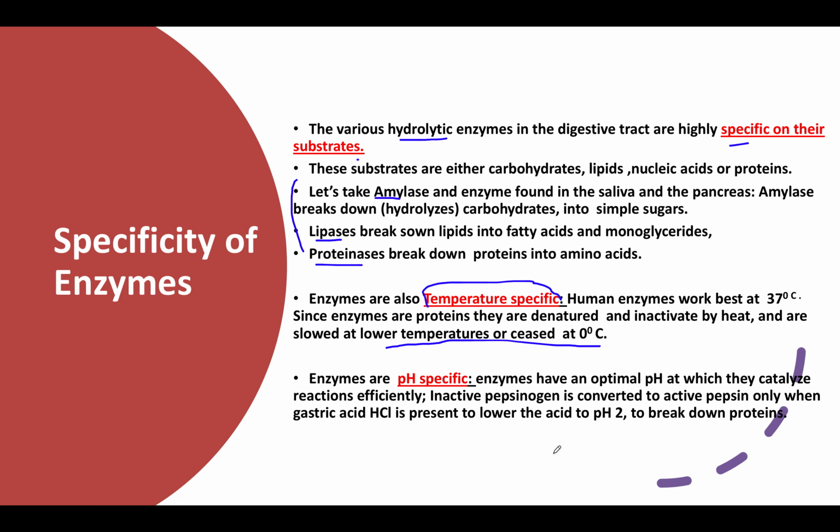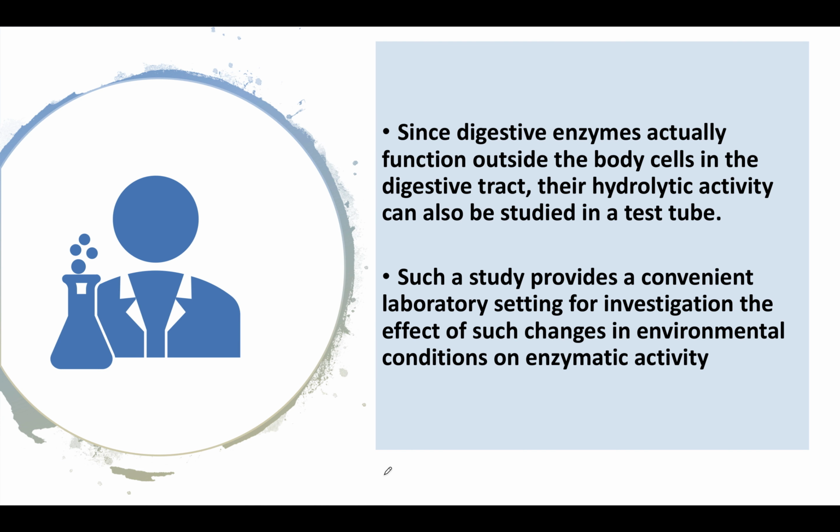Some have an optimal pH at which they work perfectly. For example, pepsinogen becomes active pepsin at a very high acidity, or low pH. Most of our enzymes in the body work at neutral pH 7.